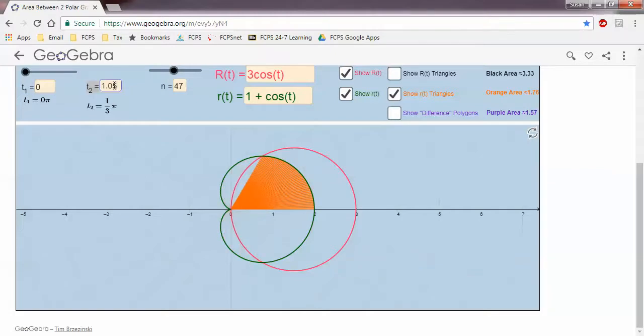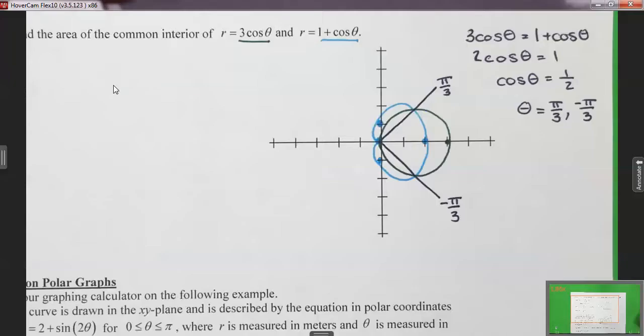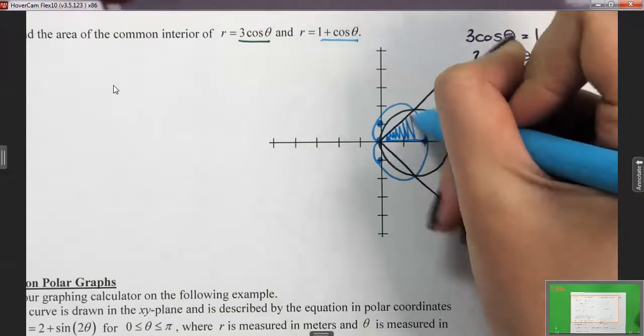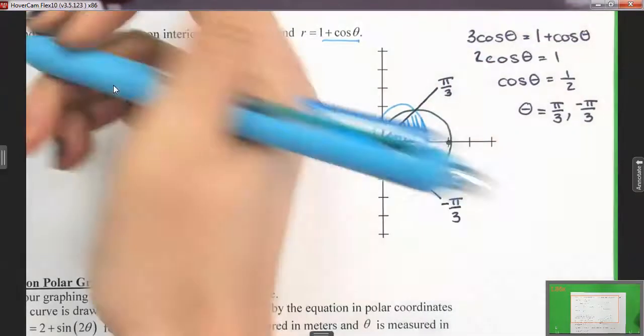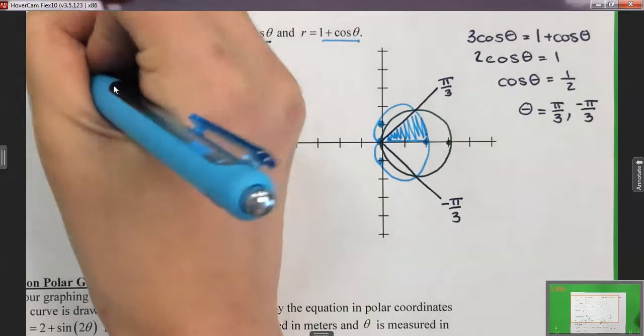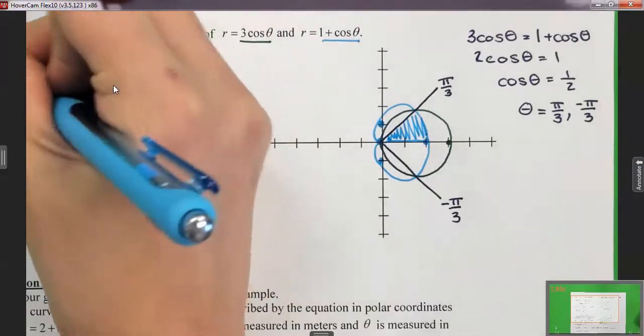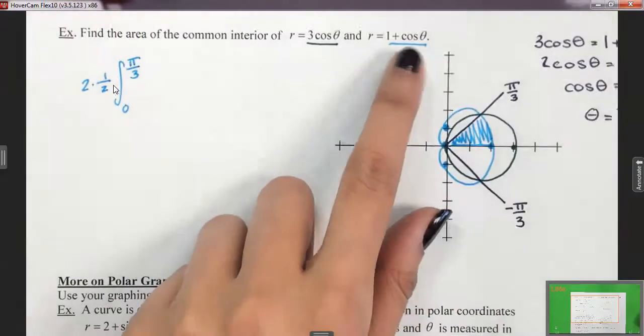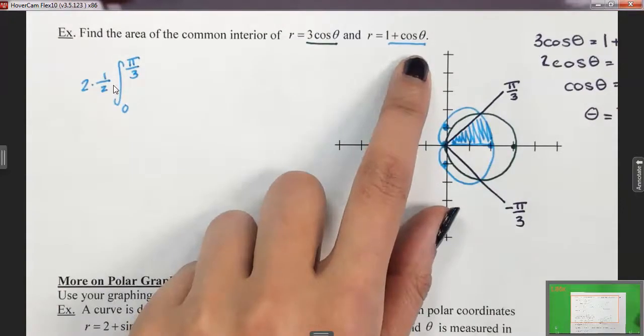The one problem with this. Okay, so I'm going to go 0 to pi over 3 and then double it, because 0 to pi over 3 and then doubling will get me this area. I'm going to do it of the cardioid.